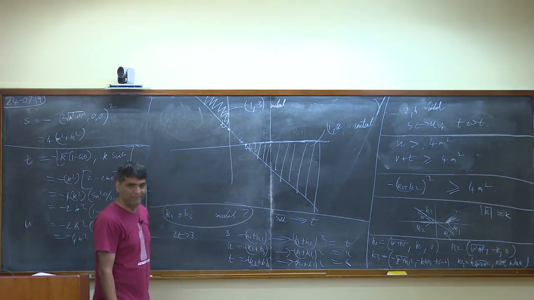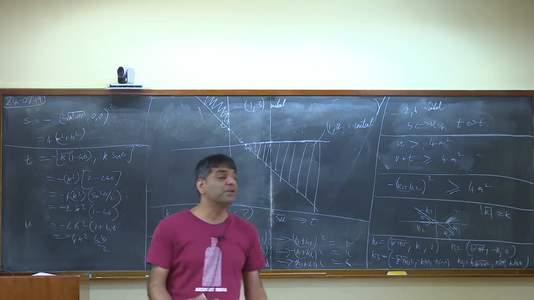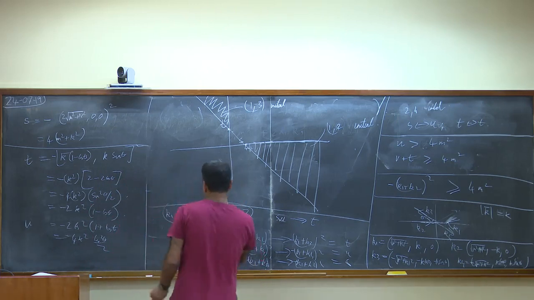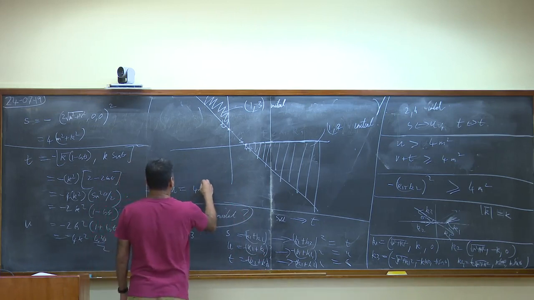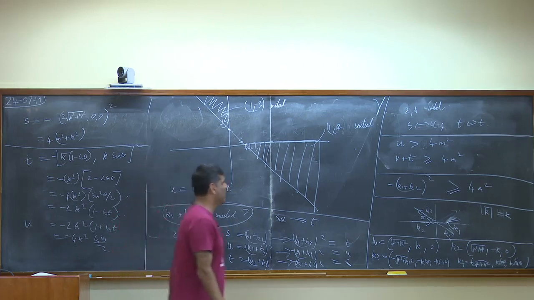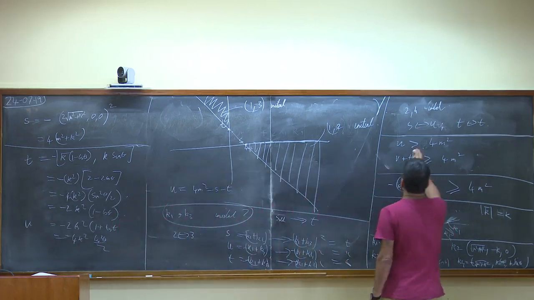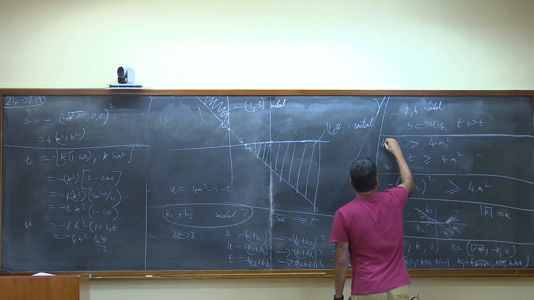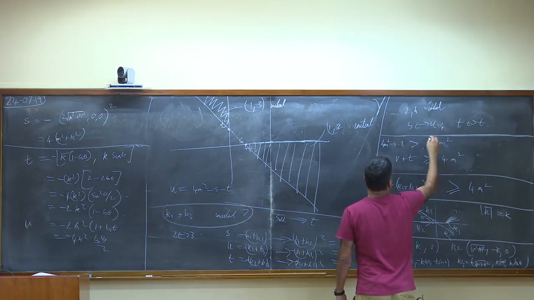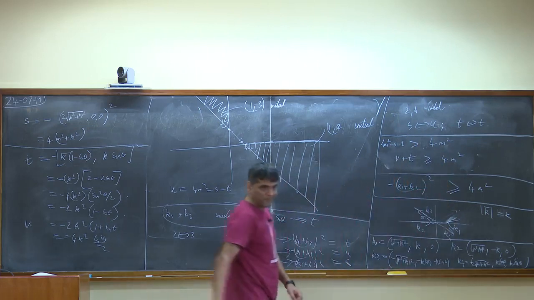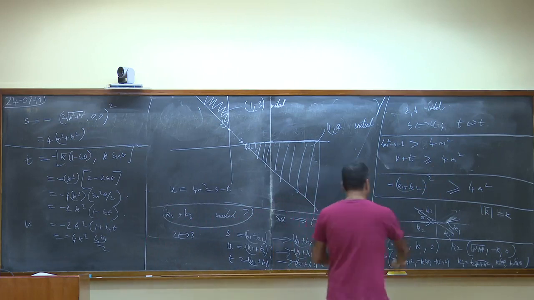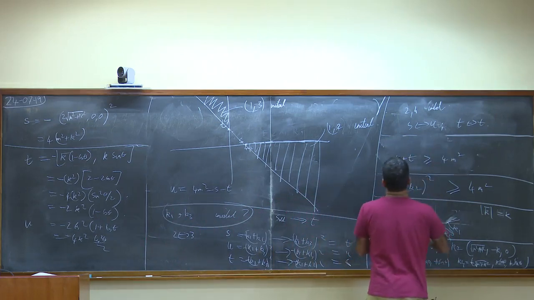We don't want UT, so we'll substitute what U is in terms of S. U is equal to 4m squared minus S minus T. So here we will get 4m squared minus S minus T is greater than 4m squared, so S plus T is less than 0.